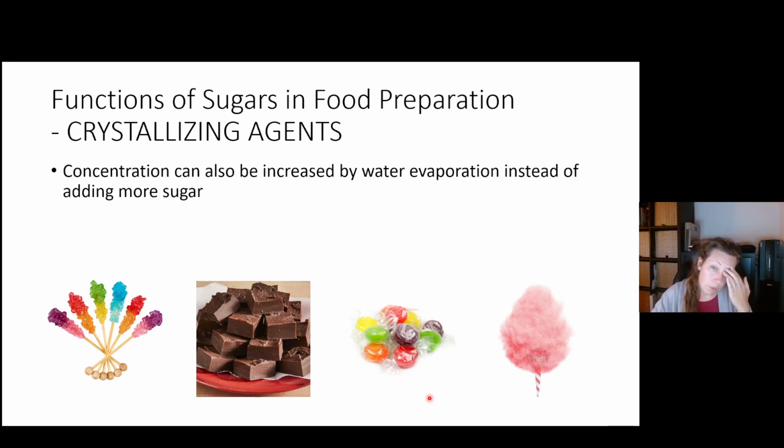So if you start out with a certain amount of sugar that is soluble in the amount of water you have, okay? And then as you heat it, that solubility is going to increase. But also the water is evaporating, okay? And so I haven't changed the total amount of sugar in my solution, but the concentration of the sugar is increasing because I'm losing water, okay?